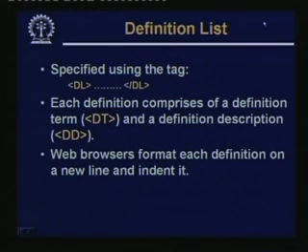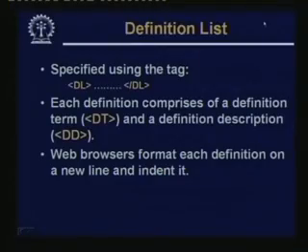Now, we move on to something called a definition list. Well, let us first try to understand what is a definition list. In the unnumbered or the numbered lists that we have talked about, we have a set of items which you want to group one after the other, either by putting a bullet before them or by putting a number before them, right.